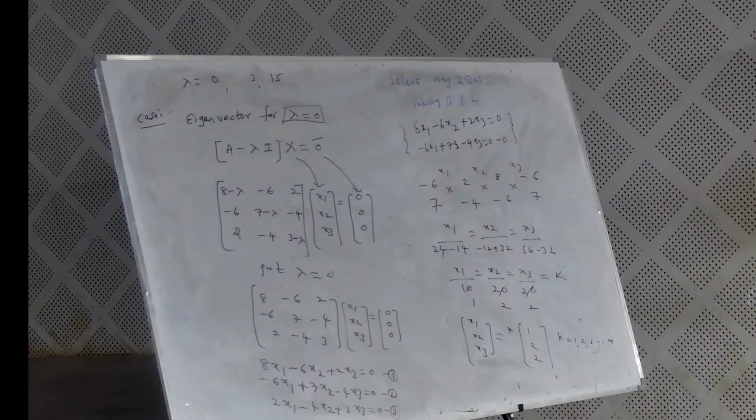And the eigenvector for lambda equal to the last case, 15. 2 more cases are there.